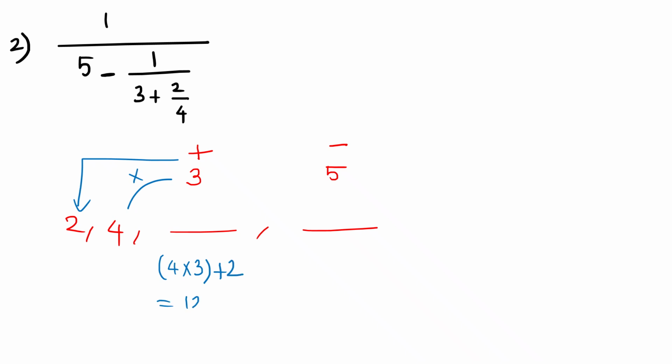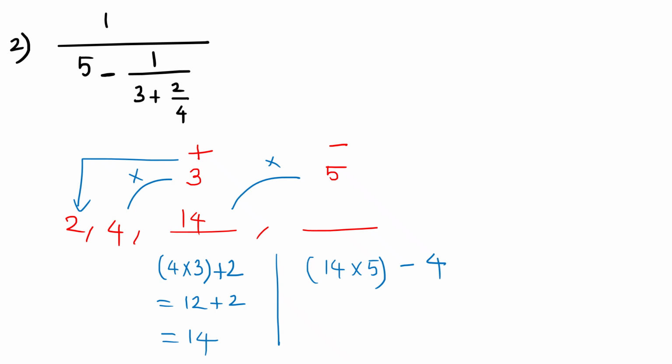So I'll be getting 12 plus 2, that is 14. That 14 comes in the first blank. Then next I'm going to multiply 14 into 5, and here it is a subtraction. Subtract with the previous number. The previous number for this is 4.